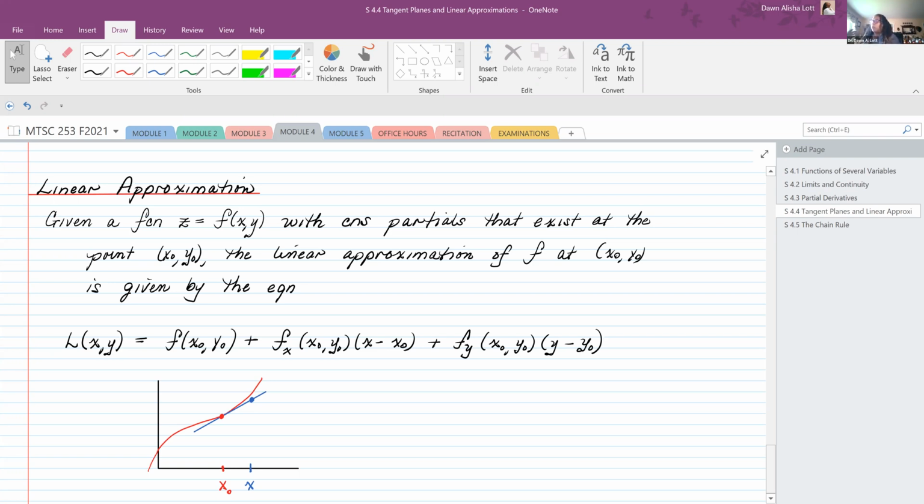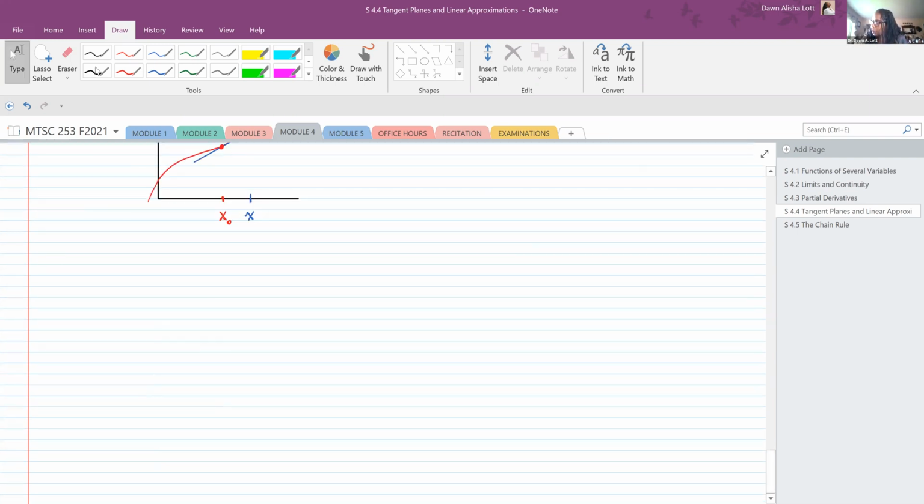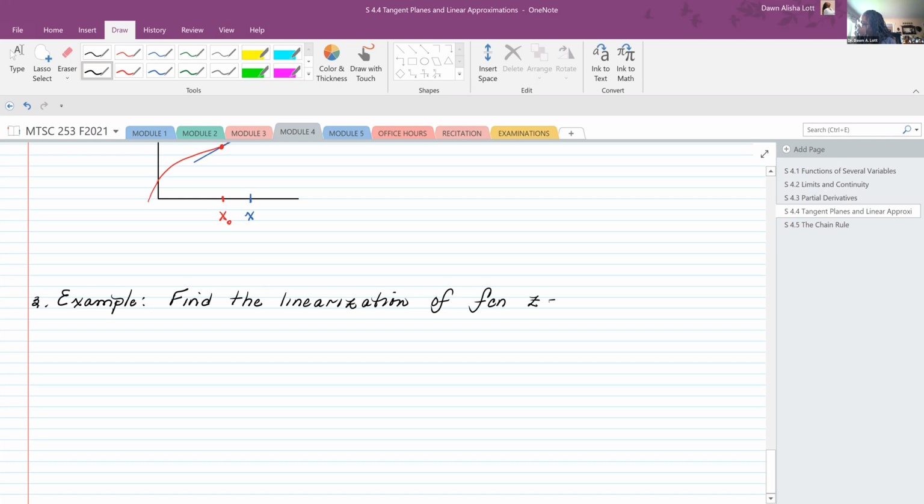Okay. All right, so here's my example. Find the linearization of the function z equal to f of xy at the point x naught, y naught.